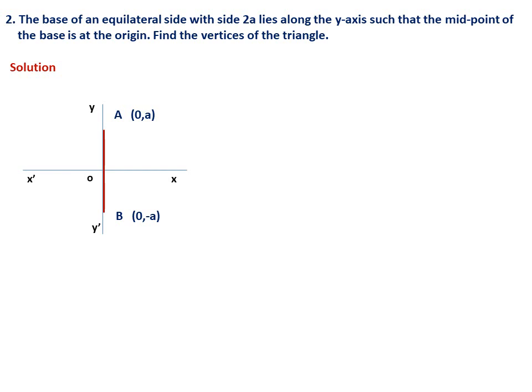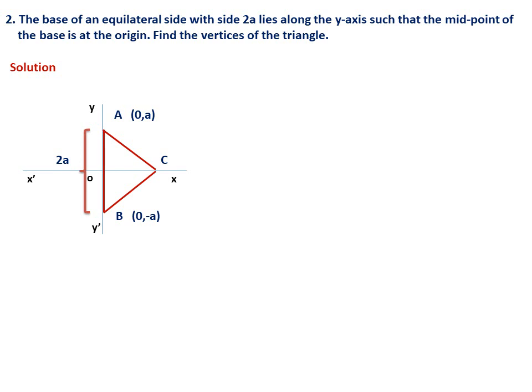Then what is given is equilateral triangle, and therefore we can take like this. See, this is 2a. Then let us say this is C. Find the vertices of the triangle. So C. Other possibilities also there.